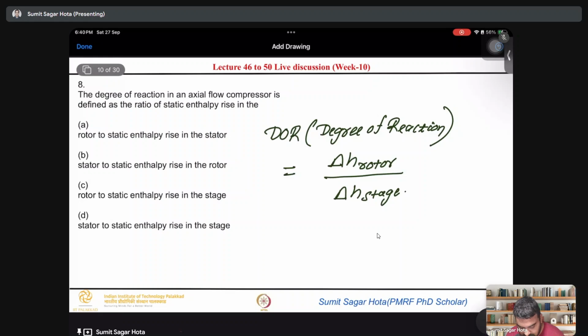If we can see, it's the delta H of rotor to the delta H of stage. So only option C satisfies this: rotor to the static enthalpy rise in the stage.